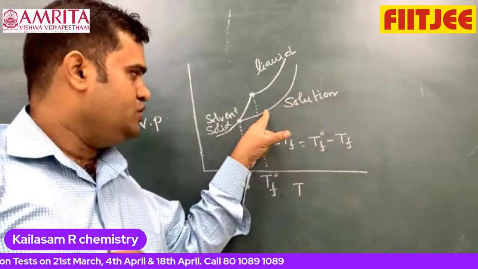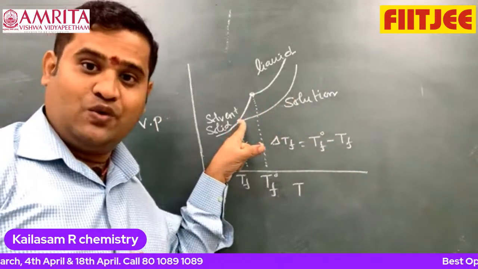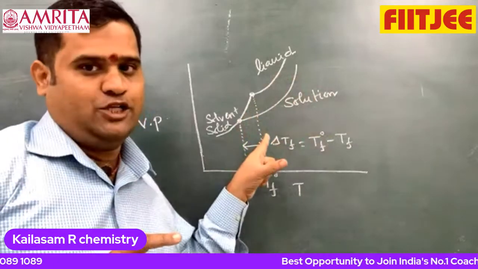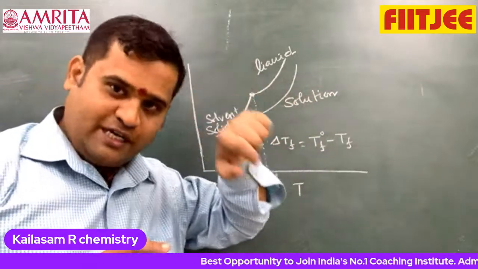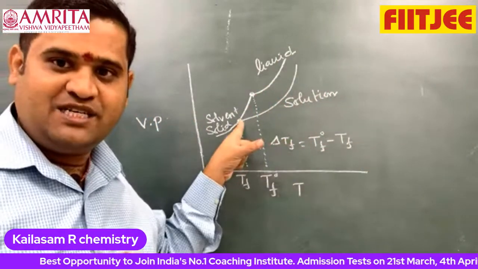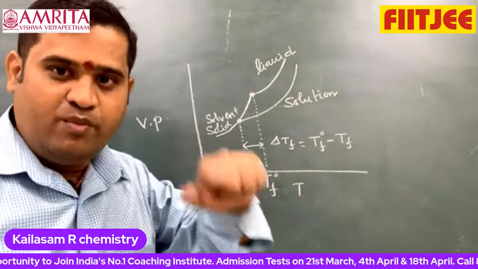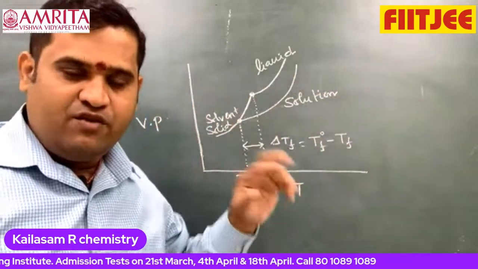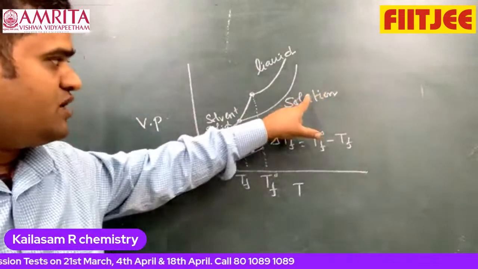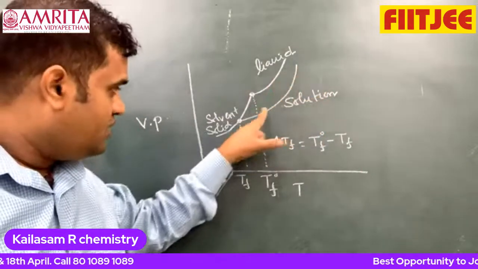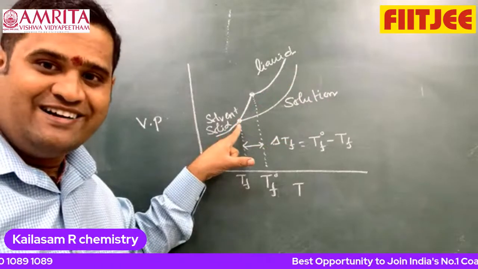The solution will freeze when the vapor pressure of the solution is equal to the vapor pressure of the solid. We know that as per Raoult's law, by adding the non-volatile solute, vapor pressure decreases. So in order to freeze, the temperature must decrease. Why? Vapor pressure is less. When vapor pressure is less, definitely the temperature will decrease. For the solution to freeze, the vapor pressure of the solution must be equal to the vapor pressure of the solid.